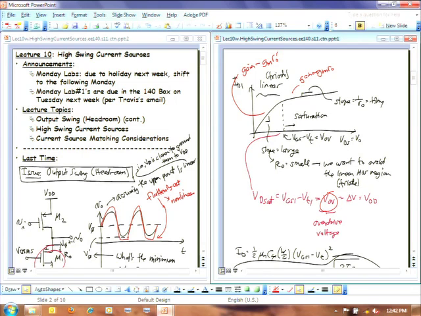So you'll always define the output swing as if your bias point is exactly in the right place when you're doing a dynamic range calculation. But if you're not doing a dynamic range calculation, say your bias point is lower than where it should be, then the swing really becomes where it first clips, whether it's top or bottom. Okay? I'm going to draw some pictures of that in a second to make that clearer.